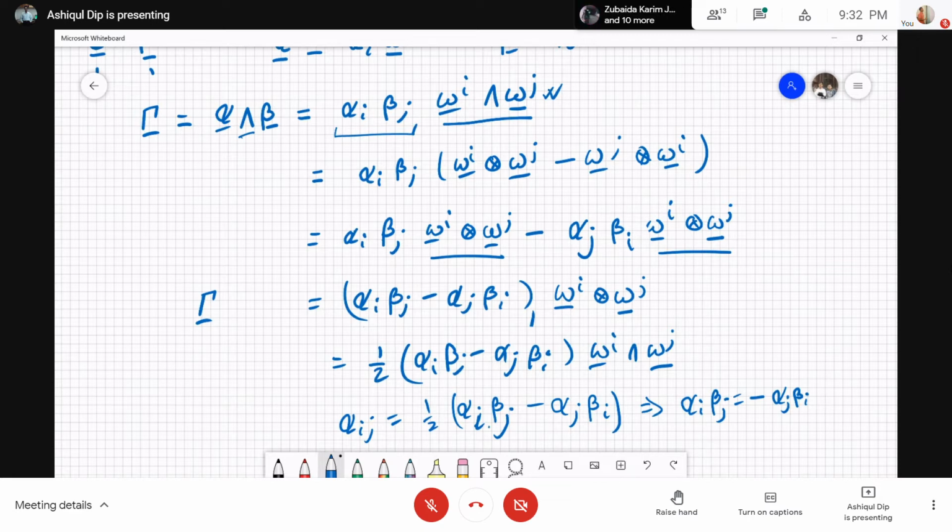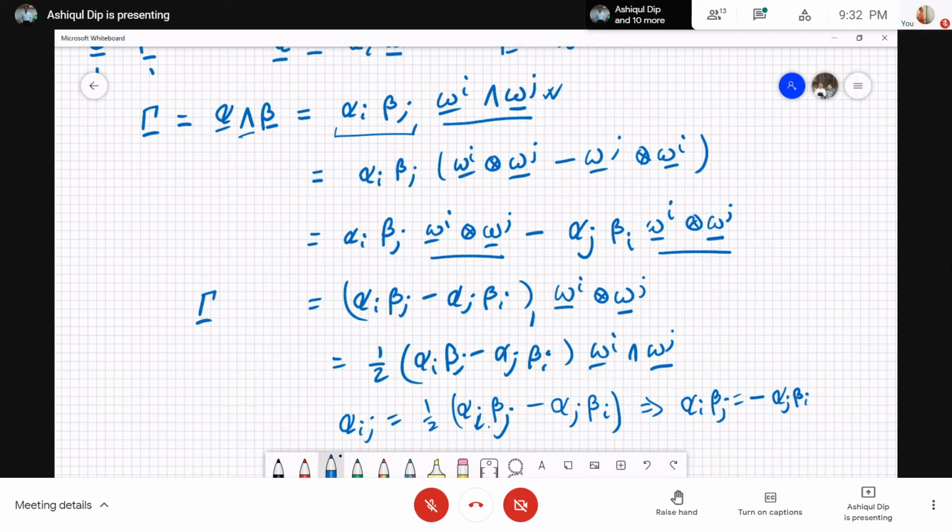Okay, that is true. But say, for example, off diagonal elements, this actually gives a very unique result.